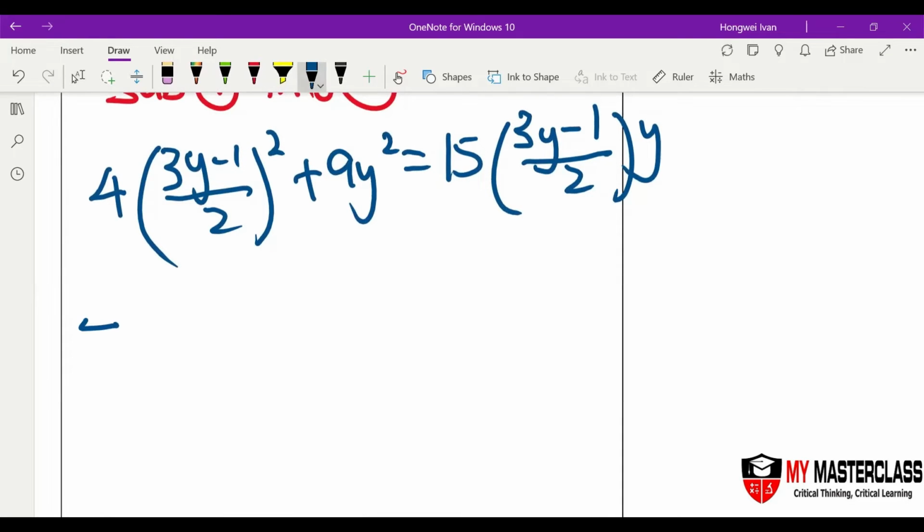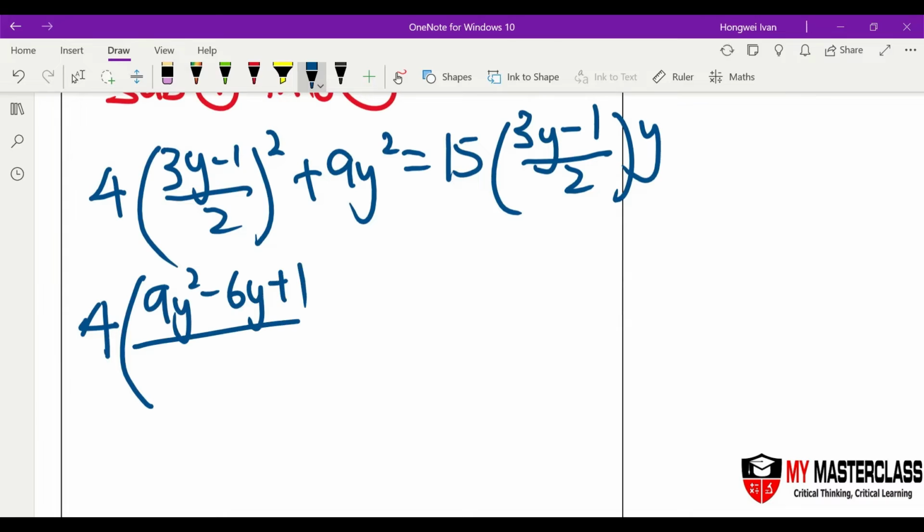But technically it will be the same. So this one will be 4, numerator, I do algebraic expansion. 9y squared minus 6y plus 1 over 4, plus 9y squared equals, look here, this is 15.